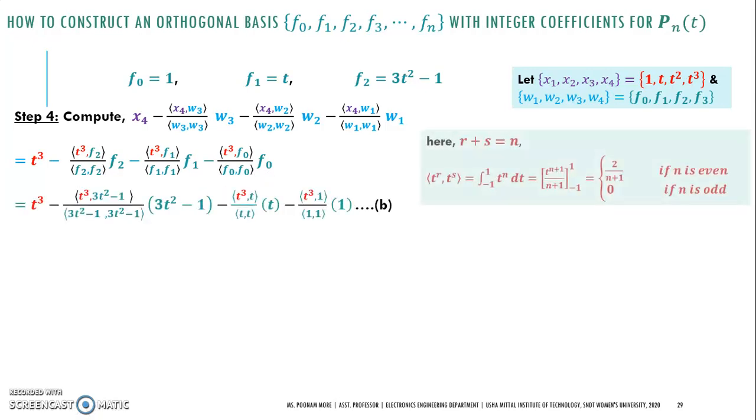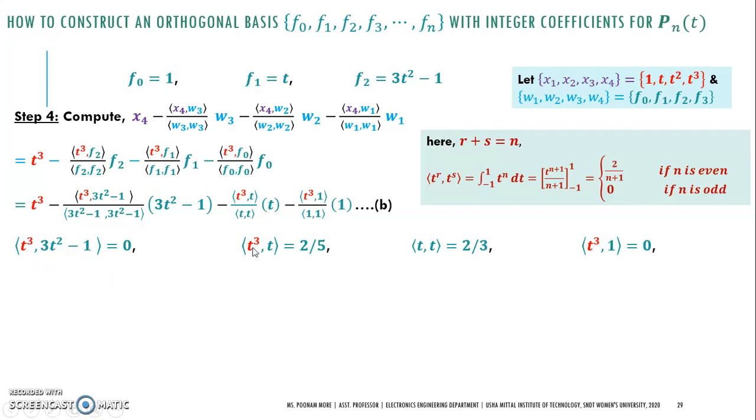By using the rule that we discussed at the start of the answer, we can compute every single inner product as shown over here. The inner product of t cube with 3t square minus 1 is equal to 0 as the sum of the powers of t is odd.